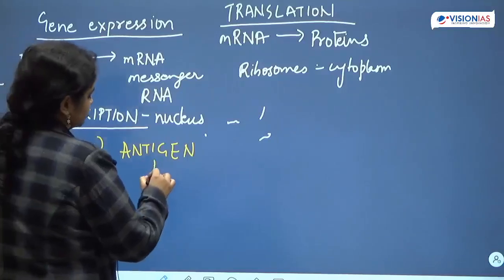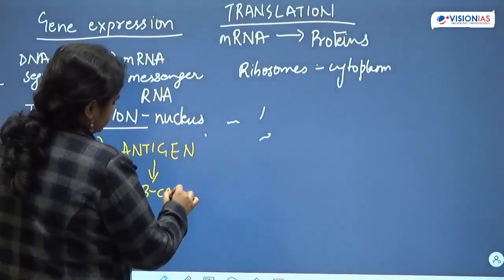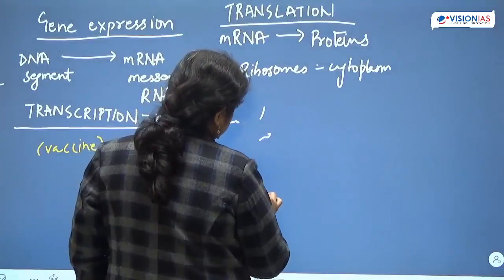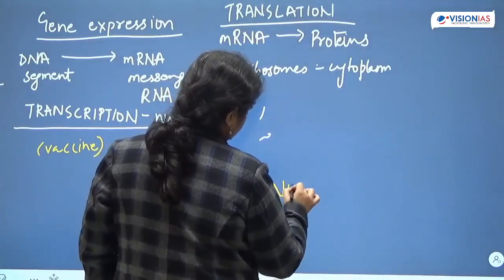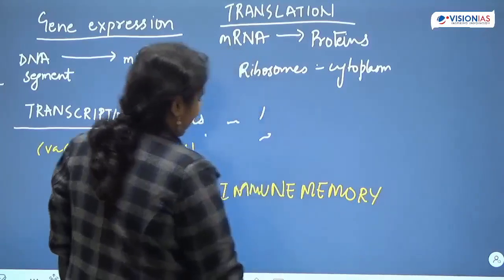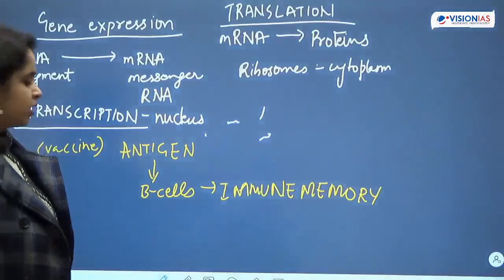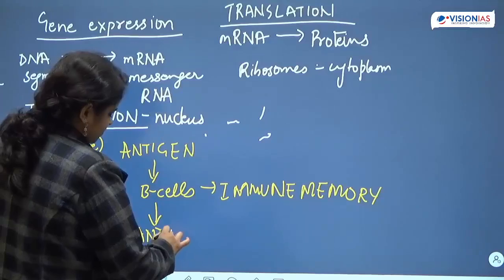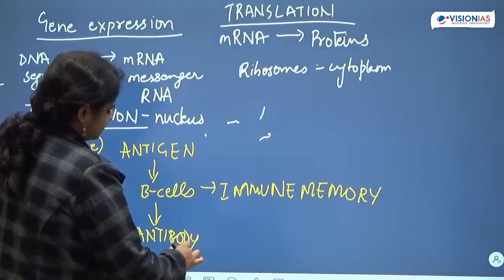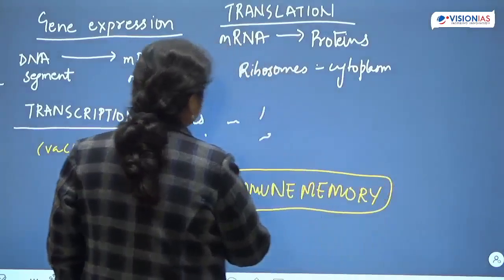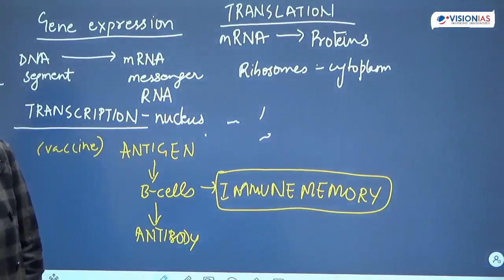This antigen goes into the body, B cells get stimulated, immune memory is created, along with production of antibodies, which is not exactly significant in the process. The basic thing we need is some way in which we can have this immune memory. Okay, this is our basic idea.